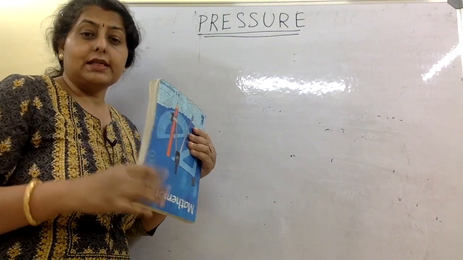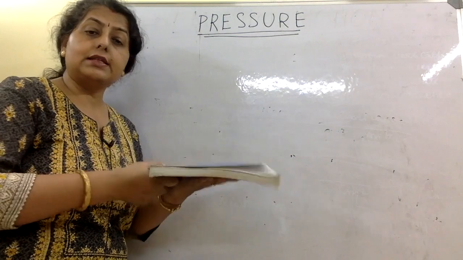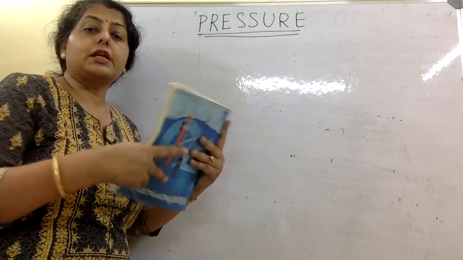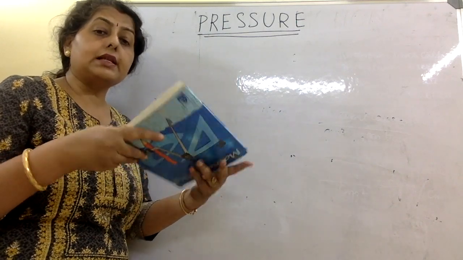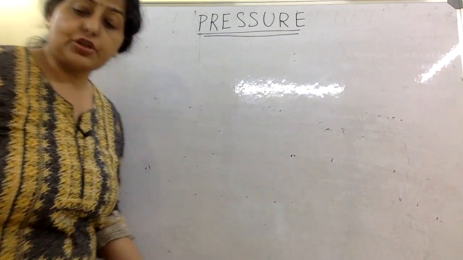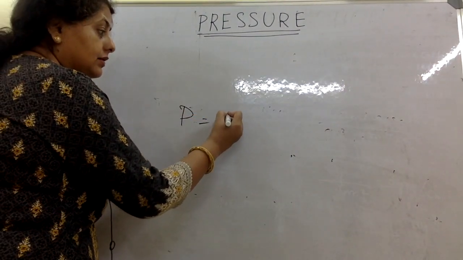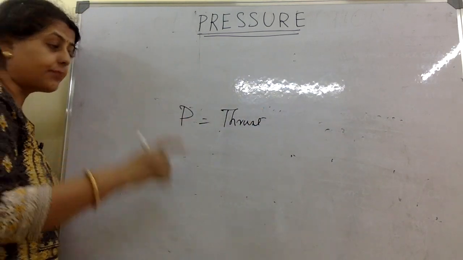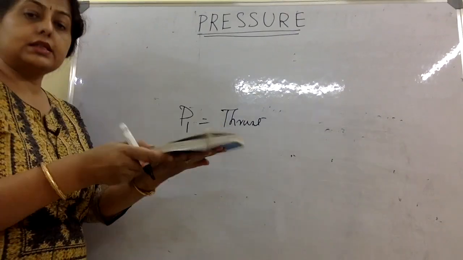Now what happens? The pressure keeps changing each time. When I keep it like this, pressure is different. When I keep it like this, pressure is different. So why is the pressure different in the three cases? Pressure, this is thrust. Thrust is nothing but the weight of the body in this case, which is the same. P1 is the thrust by A1, this condition.